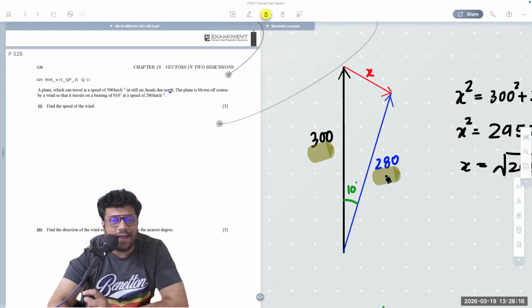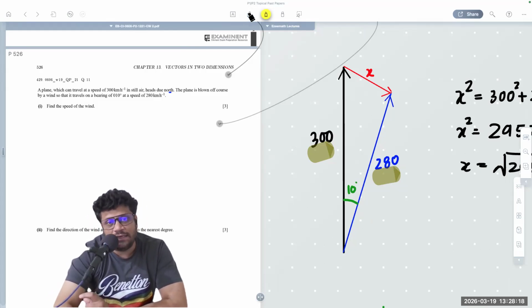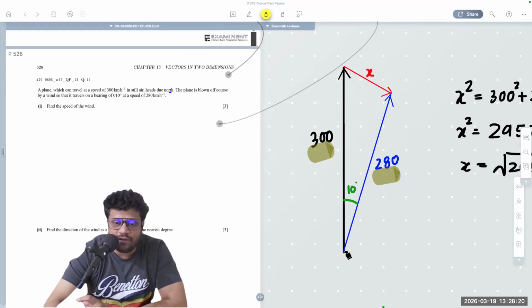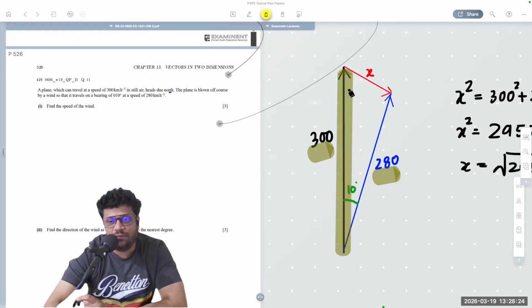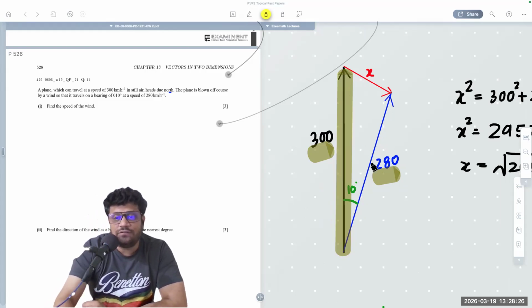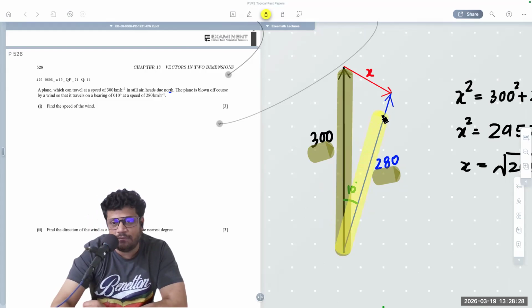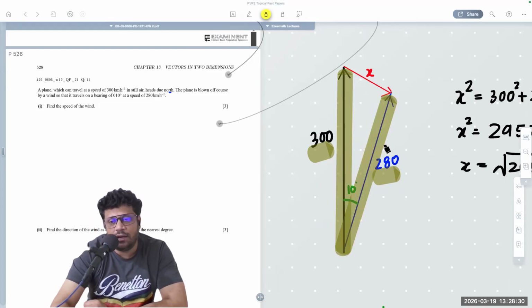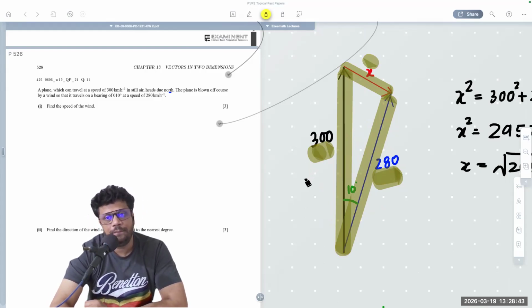Now, by the triangle law of vector addition, if there was a velocity which was supposed to be this way, and because of wind it has come along this direction, it must have come from a wind which was directed this way. And that is how this happens to be the resultant of this one and this one.